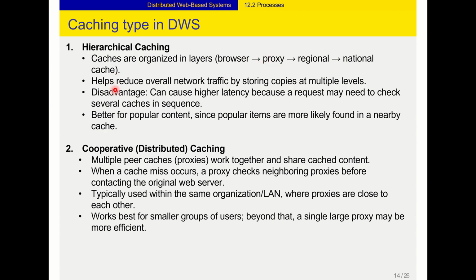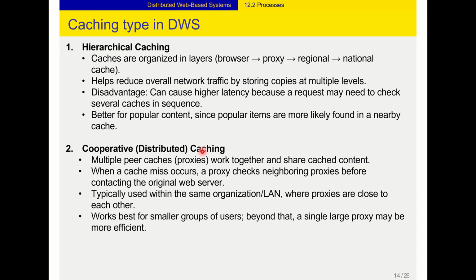This helps reduce overall network traffic by storing copies at multiple levels. The disadvantage is that it can cause higher latency because a request may need to check several caches in sequence. But if the content is popular, we can use hierarchical caching, because popular items are more likely found in a nearby cache.